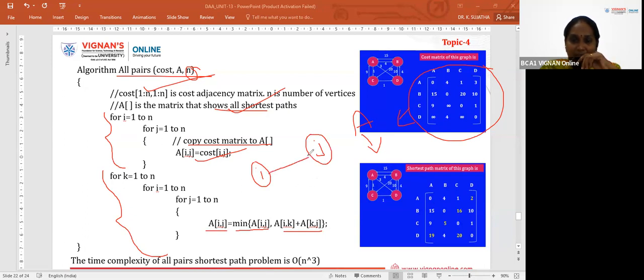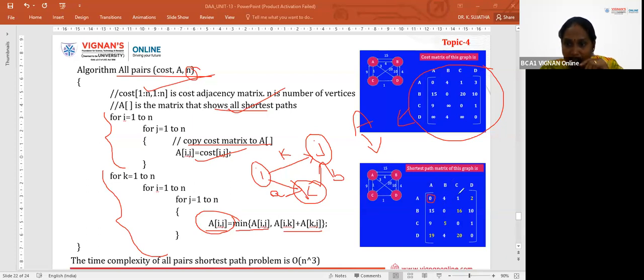If there is a path from i to j, and I have another vertex k, then there is a path from i to k with some cost, and from k to j with some cost, let us say a and b. A contains the cost matrix. The entry ij means A to A or A to B, A to C, like that. We need to consider different entries, and we update each with the minimum value.